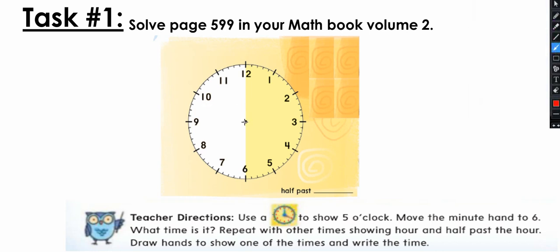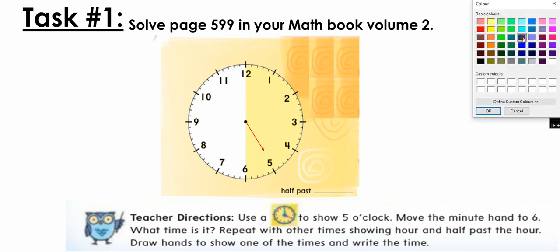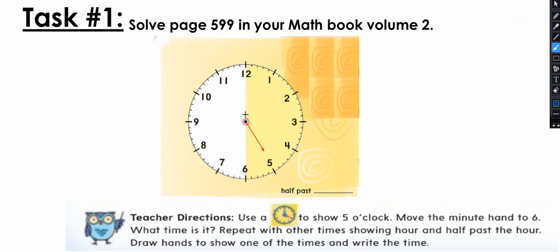So when it shows 5 o'clock, the hour hand should point at what? 5. Excellent. And the minute hand should point at 12, as we are showing now 5 o'clock.